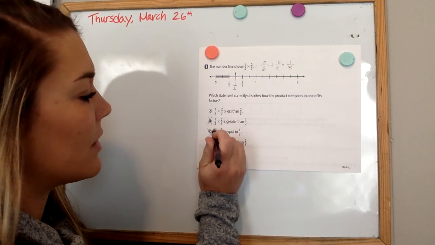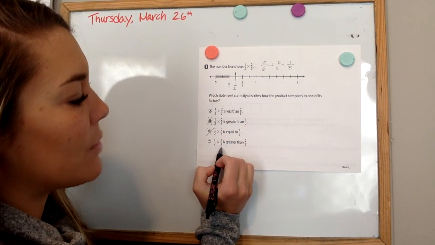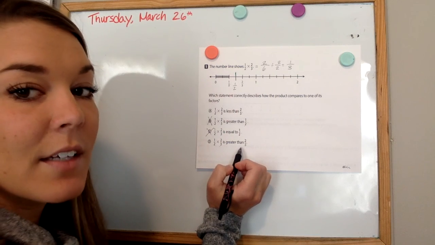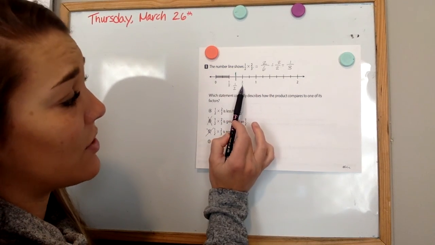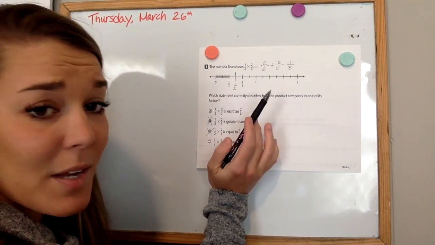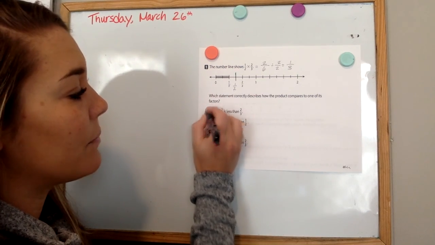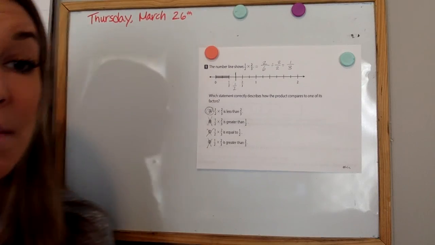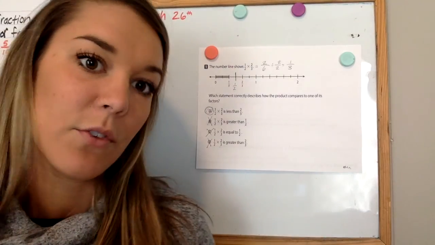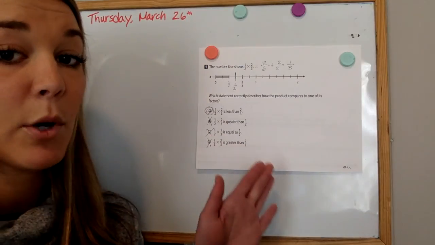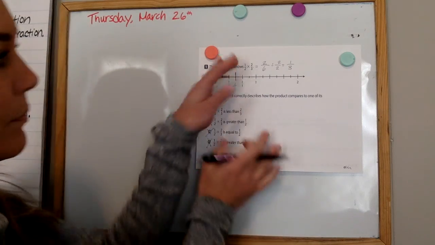No, that's not right either. 1/2 times 2/3 is greater than 2/3. 2/3 is here. The shading does not go beyond it, so that can't be the case either. So I know that A is what I'm going to submit on my comprehension check for this one, okay? That's how you're going to approach this number line problem.